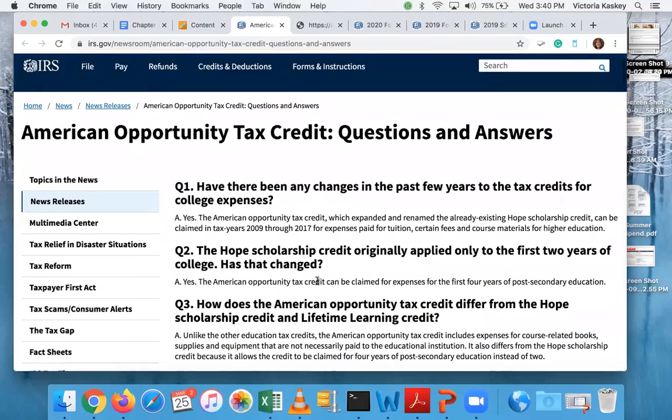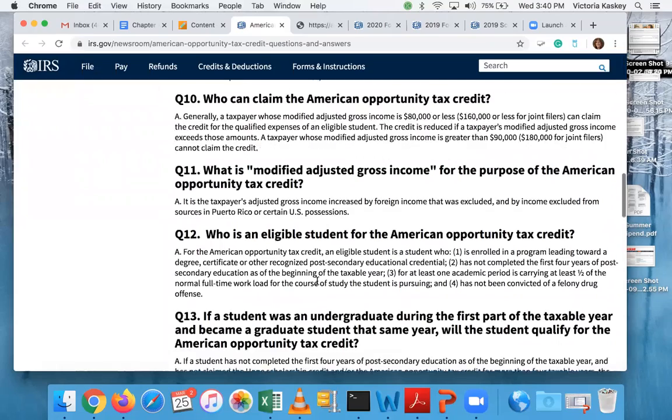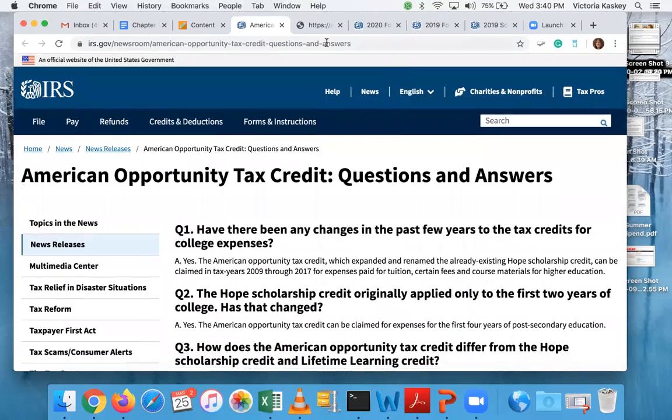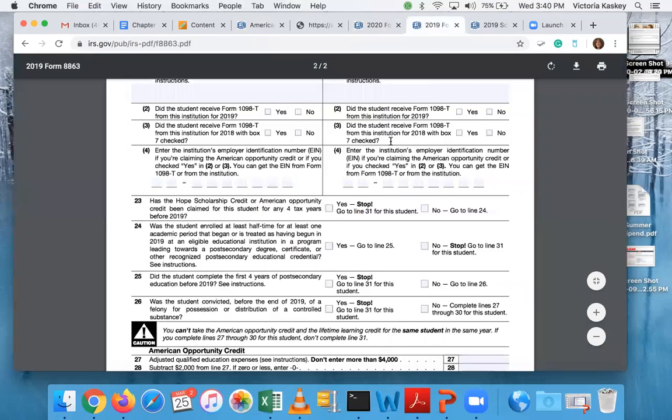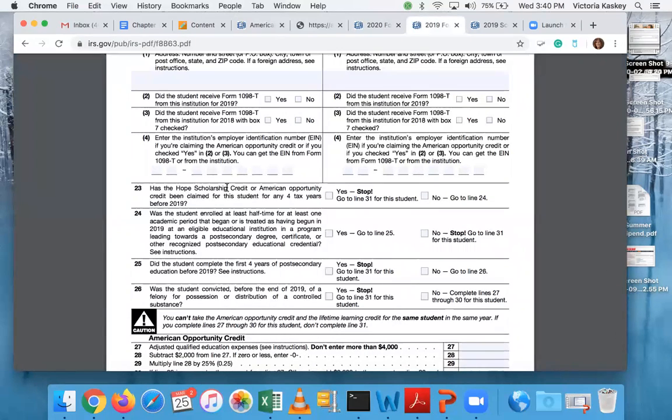It gives you a little bit about the Hope Scholarship Credit. You can Google what it is, but we're not really going to get into it. We're going to focus instead on the American Opportunity Credit and the Lifetime Learning Credit. So when you're filling out your homework and you see Hope Scholarship Credit, just ignore it mentally.